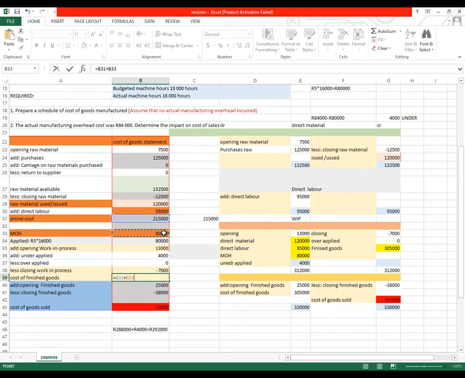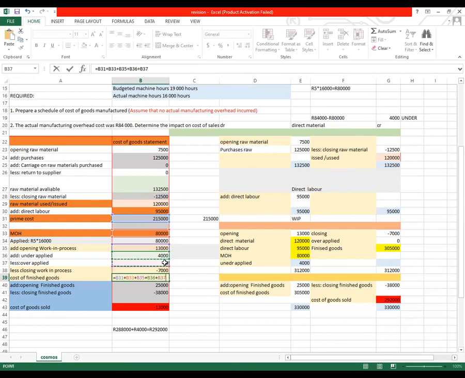Manufacturing overhead plus your opening work in progress plus your applied, or under applied, because we don't have over applied. If we had over applied, we would subtract it, but now over applied is 0.